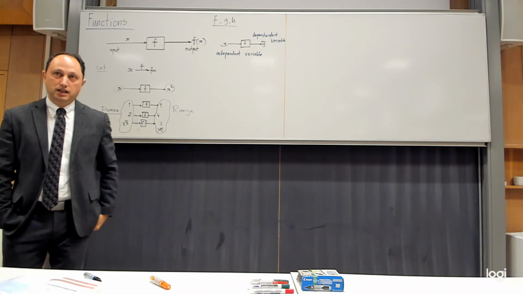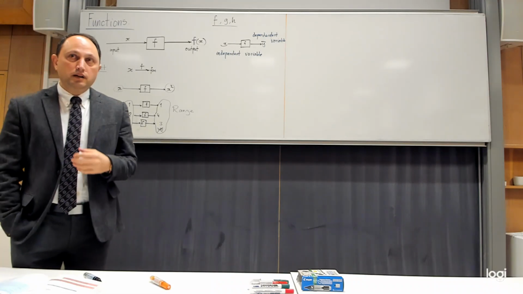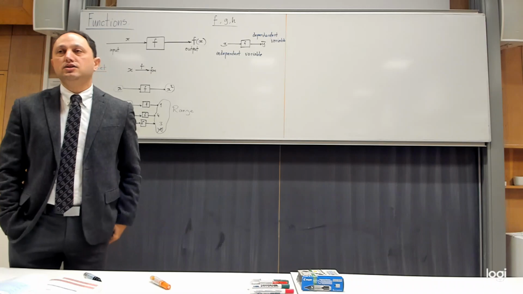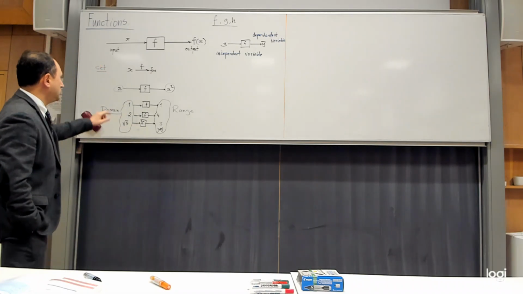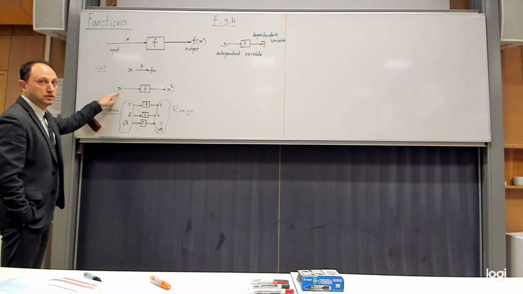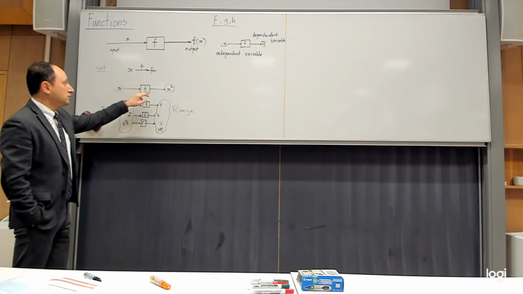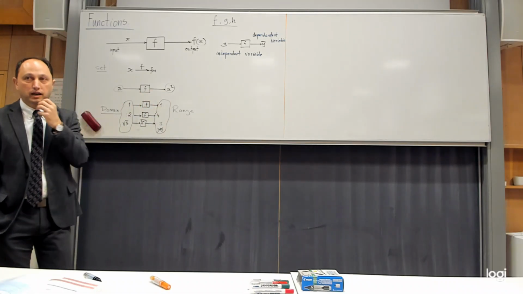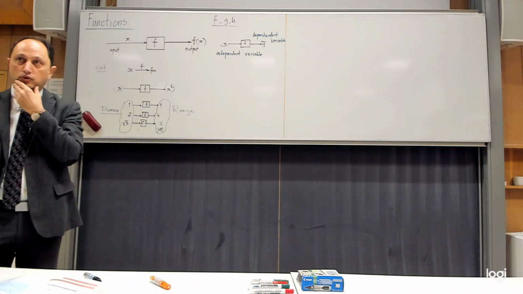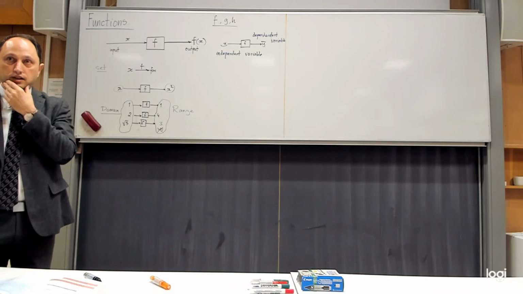If this happens, that operation is not a function. A function means that whenever you choose your input value, the output value should be determined in one unique way. That is extremely important. Is that clear?